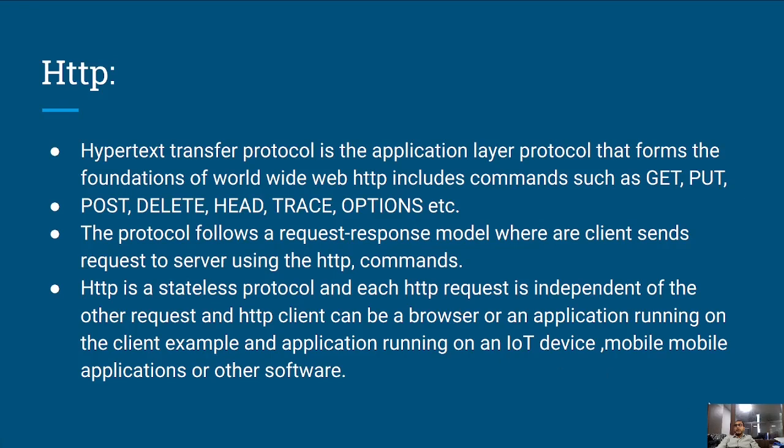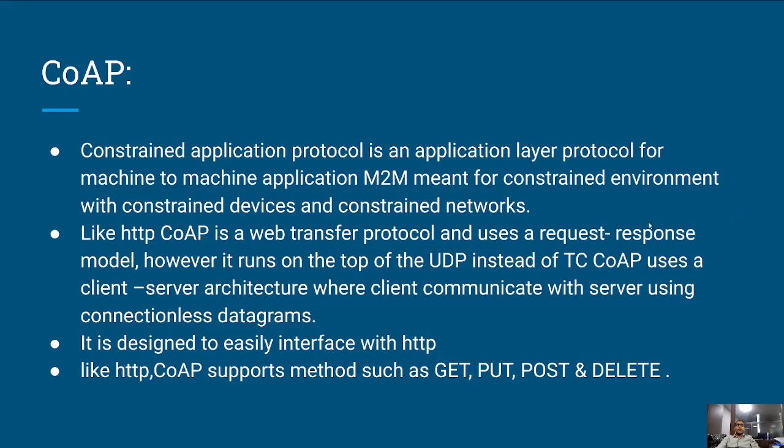device. Okay, so the next protocol is the CoAP, or the Constrained Application Protocol. It is an application layer protocol for machine-to-machine applications, and this is meant for constrained environments with constrained devices and constrained networks. This protocol is basically a web transfer protocol, and it uses the request response model.